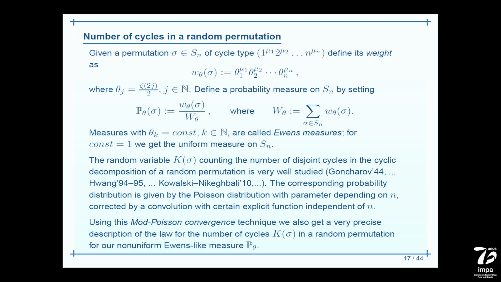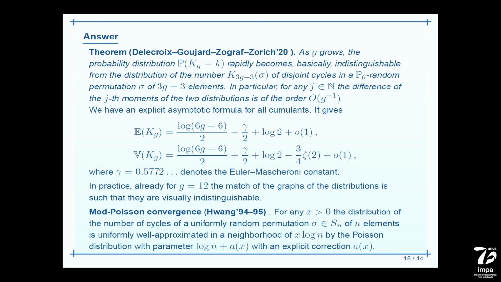People in combinatorics relatively recently, around 94, 95, made enormous advances in the study of random permutations, and I would say that basically everything is known. There is a technique called mode-Poisson convergence, which describes the statistics of the corresponding random permutations perfectly well.